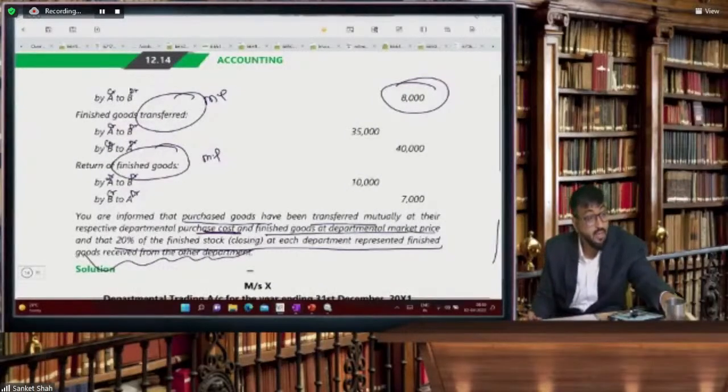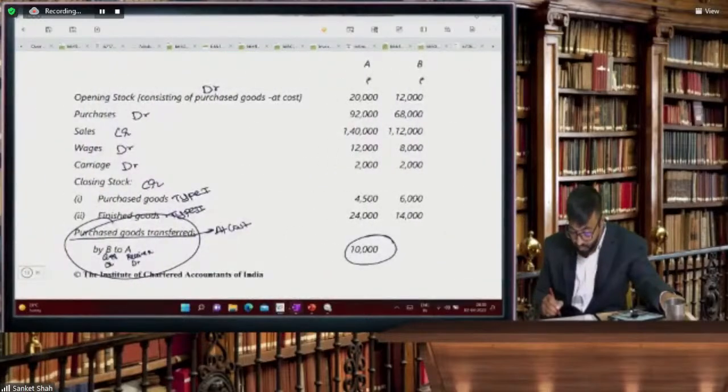But for that you have to calculate the GP ratio. Is the GP ratio due to purchases which are transferred to each other or due to finished goods which are transferred to each other? Finished goods. So what is the formula for GP ratio, beta?